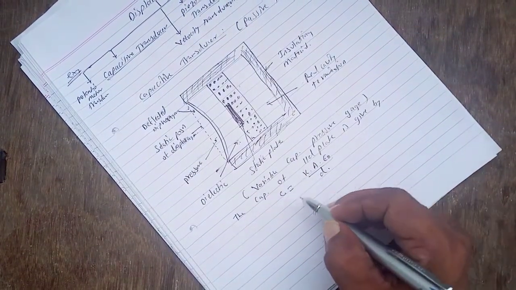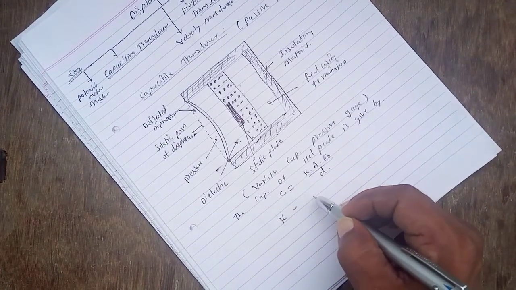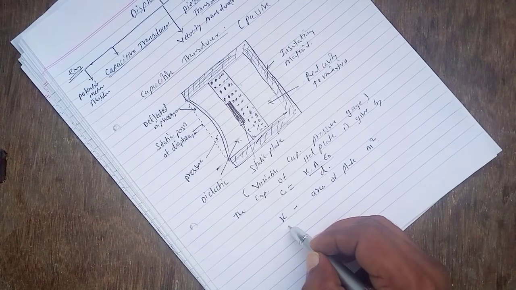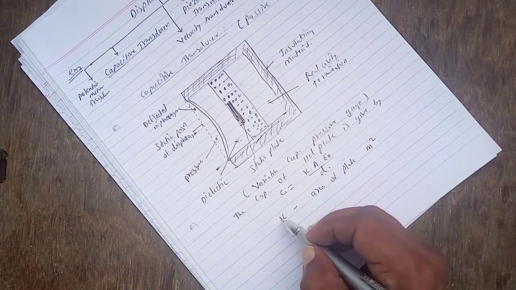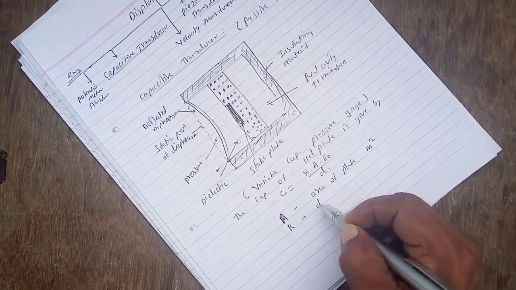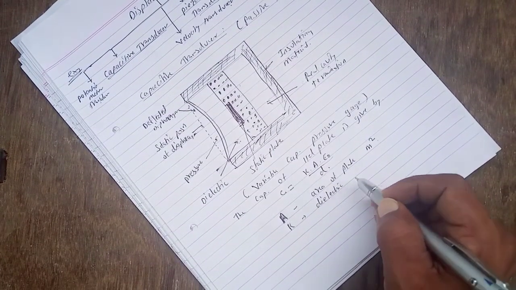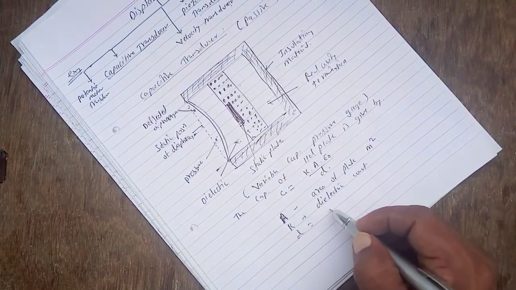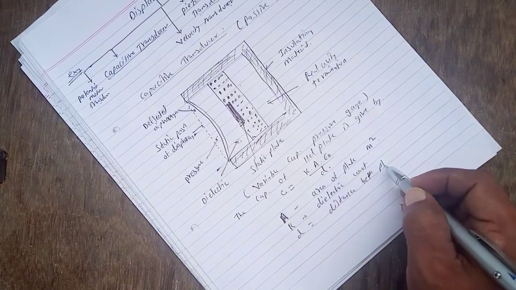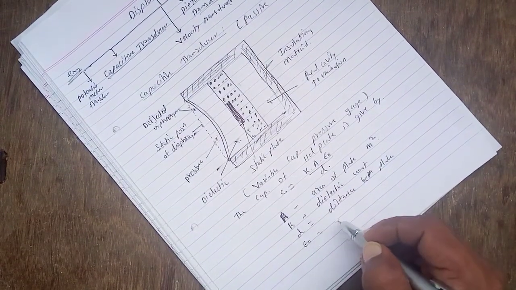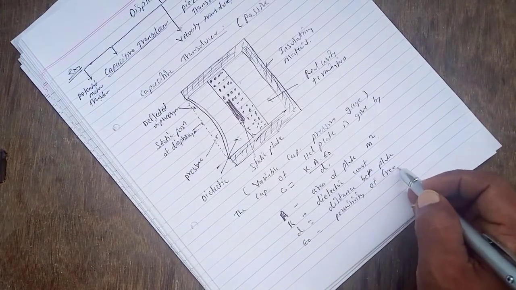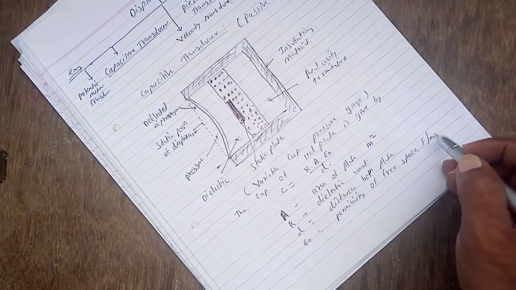From this, A is the area of the plate, calculated in meter square, and K is the dielectric constant, and small d indicates the distance between the plates, and epsilon 0 is the permittivity of free space. It is equal to farad per meter.